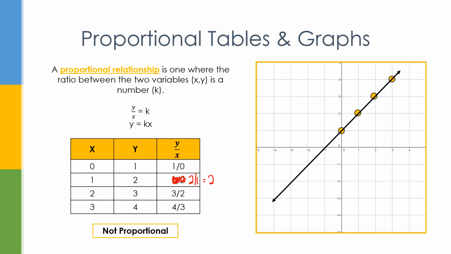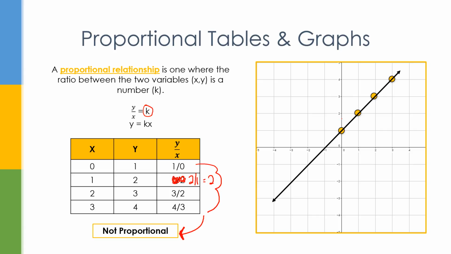Now, as you can see, these are not all the same numbers. And since these numbers are not the same, that tells us it's not proportional, because that k value that we're finding is not the same for each set of points.